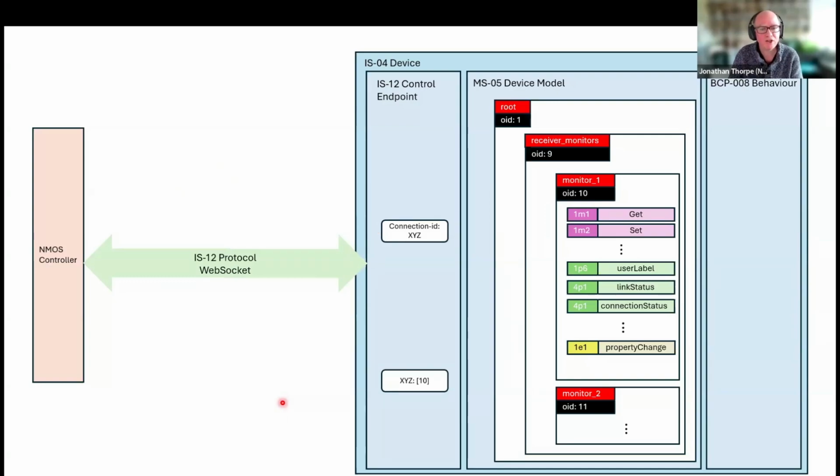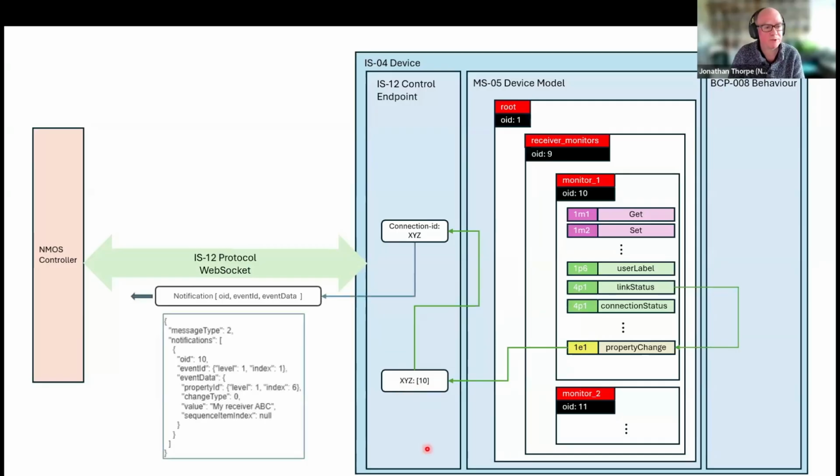If a property changes within the device model, that creates a property change event, which will be notified to any connection that has subscribed to that object as a notification. So you can see from this mechanism the basis of the BCP-008 status monitoring: all of those statuses, as they update, can generate notifications for controllers that have subscribed to those objects.